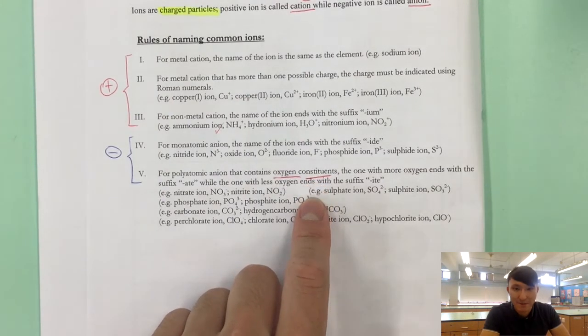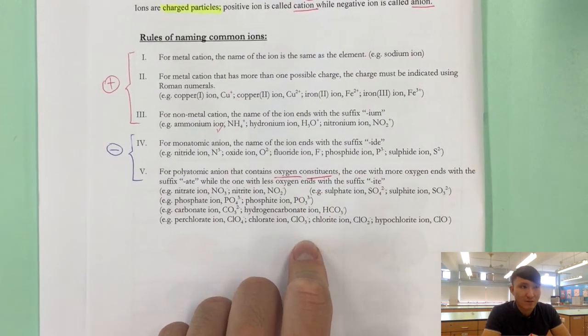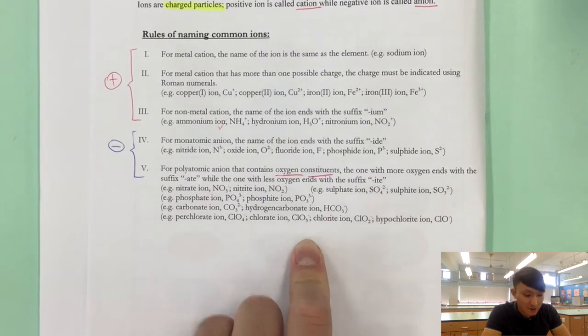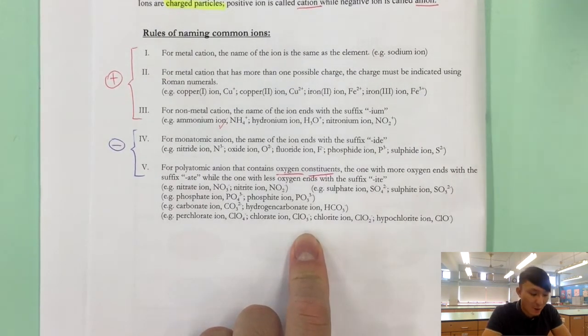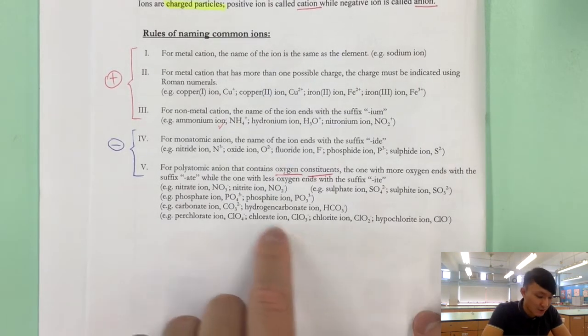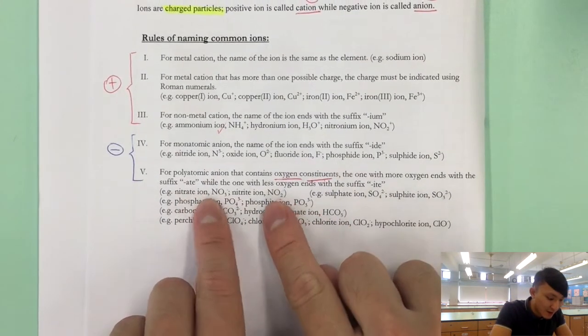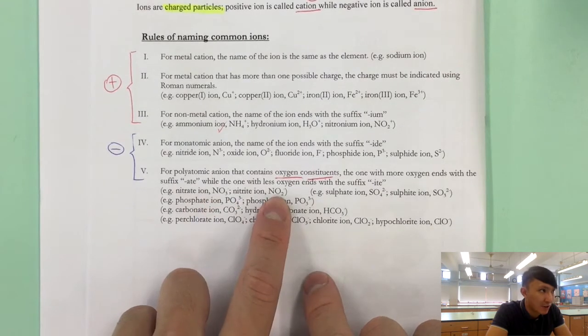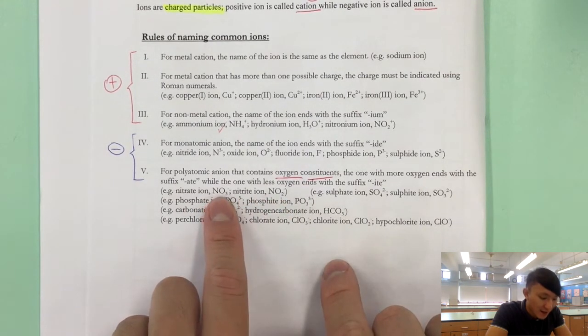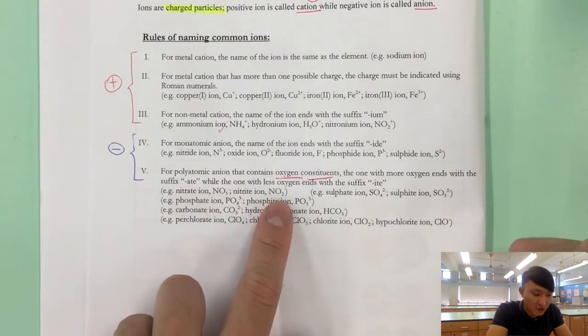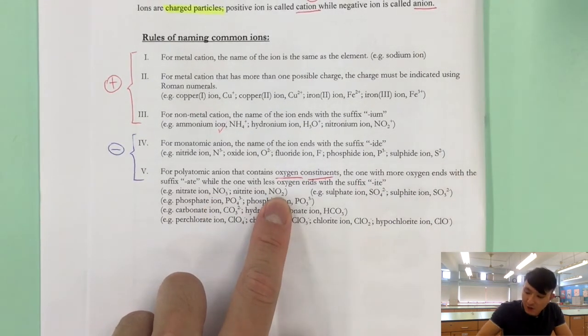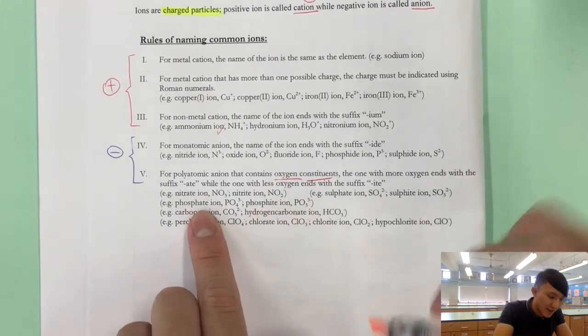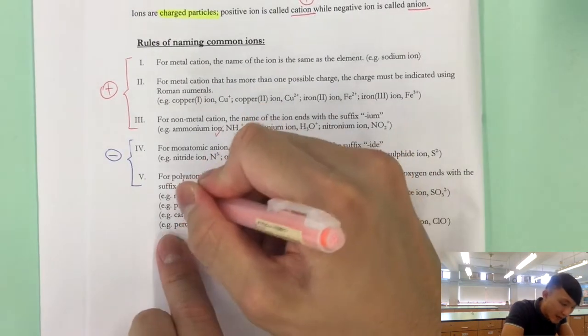Now here, I understand it's not easy to generalize. So I just try my best to generalize what we have here. Now, you can first look at the examples. You see, this one, we have NO3 minus, NO2 minus. Okay? Now you notice, NO3 minus has more oxygen than NO2 minus, isn't it? So if it has more oxygen, then the suffix will be ATE.